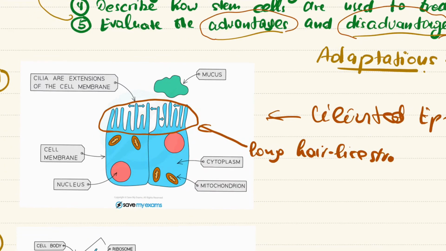They also have many mitochondria to provide energy for the components to move freely.